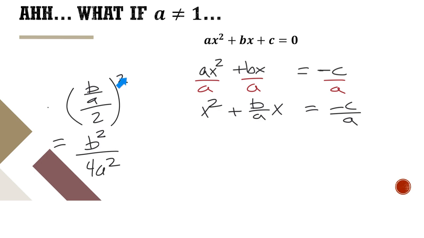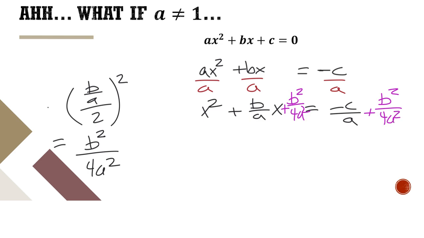So what happens is it squares this, which is b squared over a squared, and this is over 2 squared, which is 4. This is 4 over 1. We flip and multiply, so the 4 ends up going on the bottom. So we're adding this to both sides. So let's add this b squared over 4a squared to both sides.